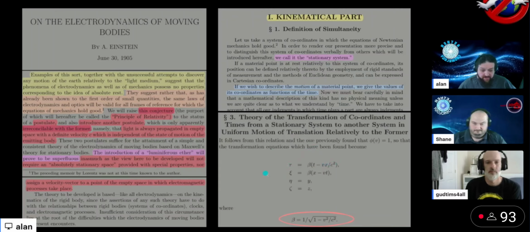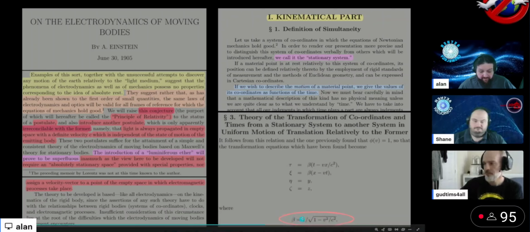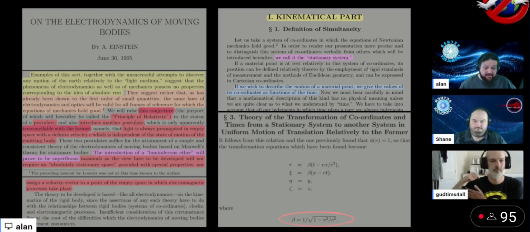Lots of squarings of c here. And then our length contraction is going to be our gamma factor times the distance minus the velocity times time. And then here is the gamma factor correction, 1 over the square root of 1 minus velocity squared over c squared. So just reiterating that not only time, but also distance is a function of the square of velocity over c squared.